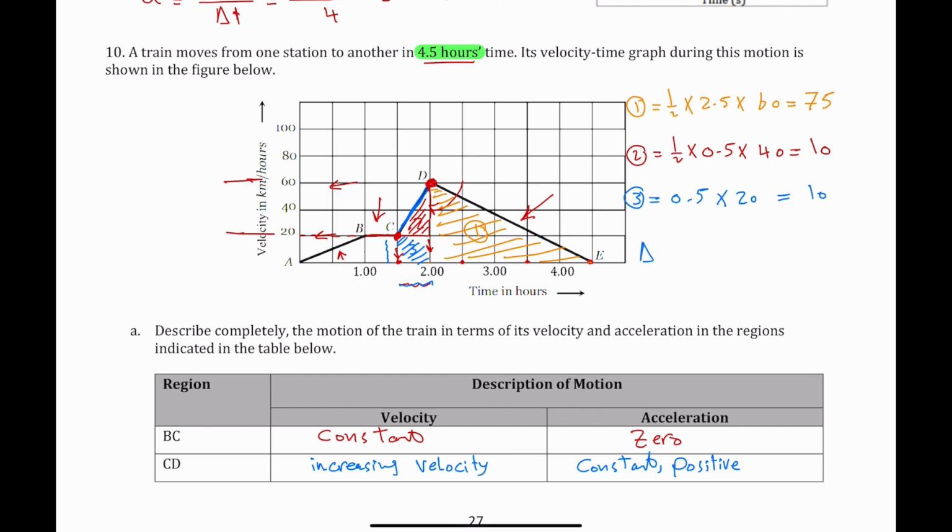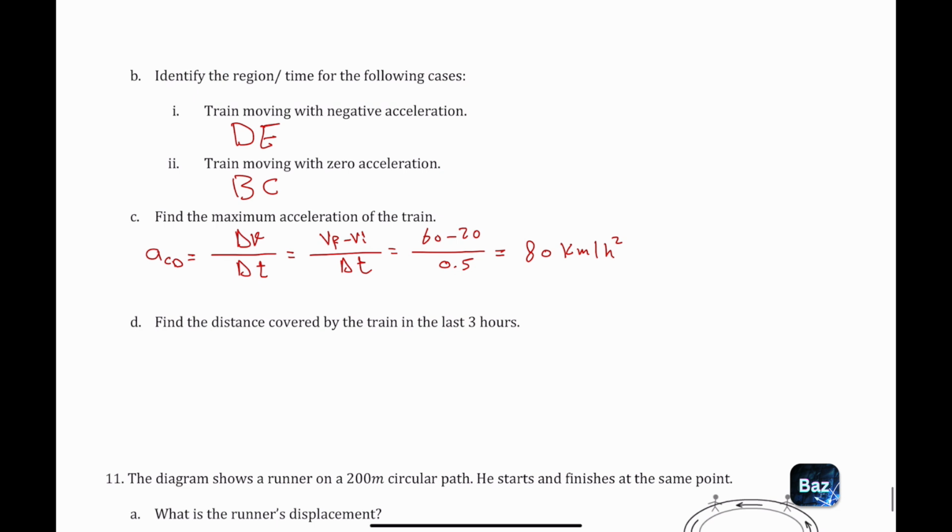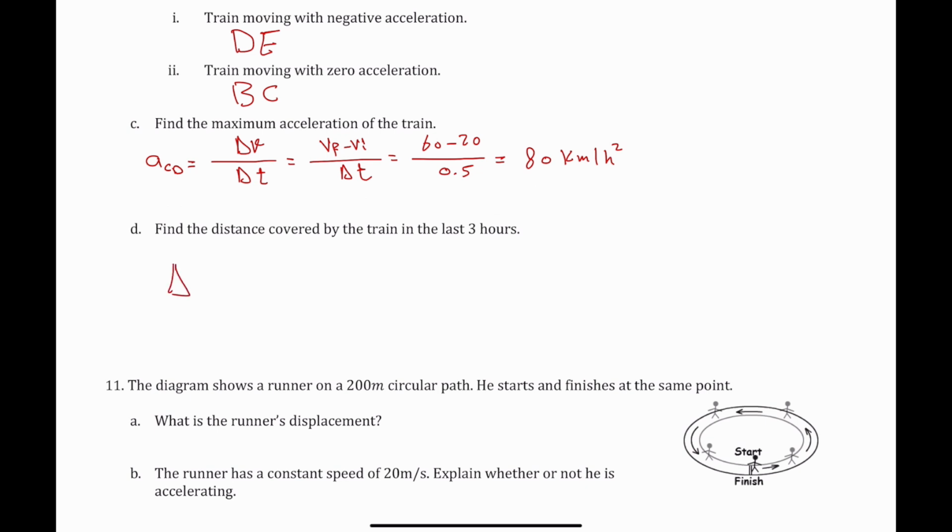So the total distance or displacement equals 75 plus 10 plus 10 equals 95 meters. So the answer here is, as shown, delta x equals 95 meters.